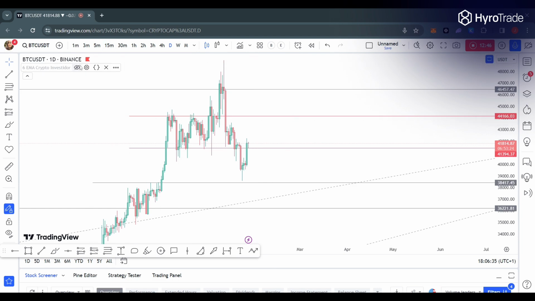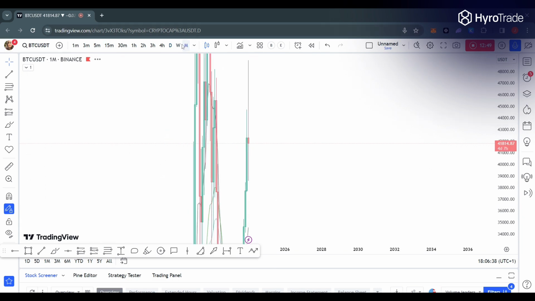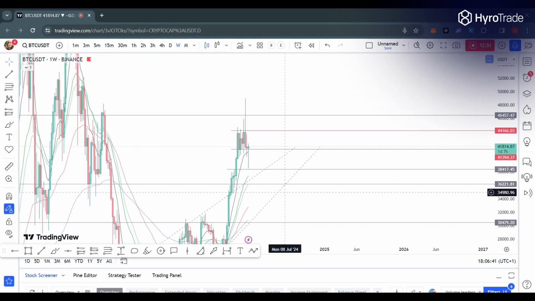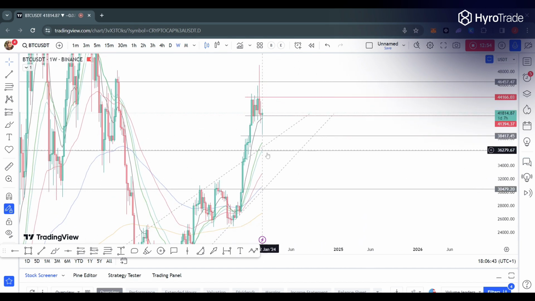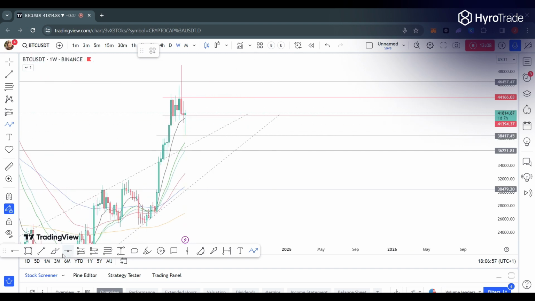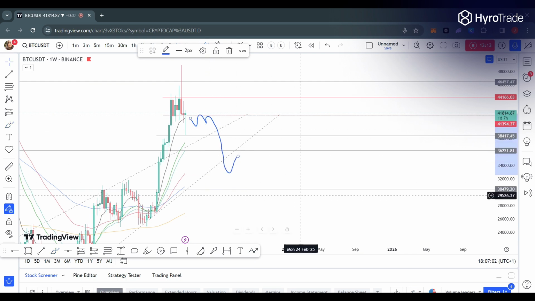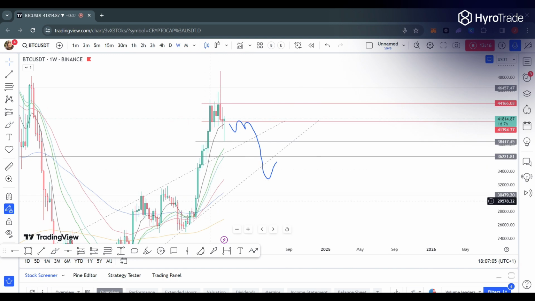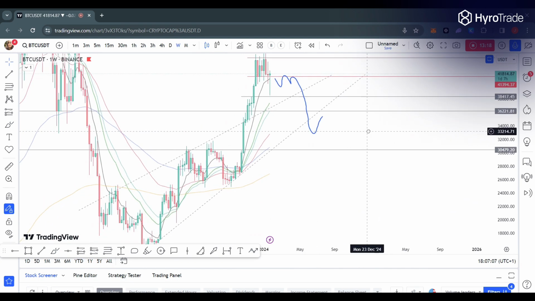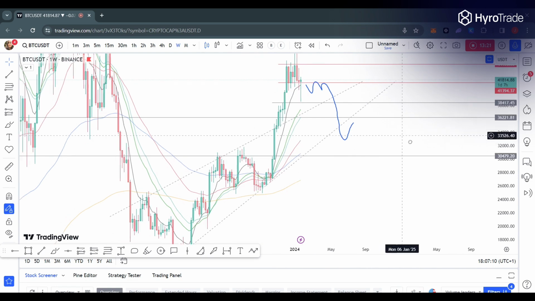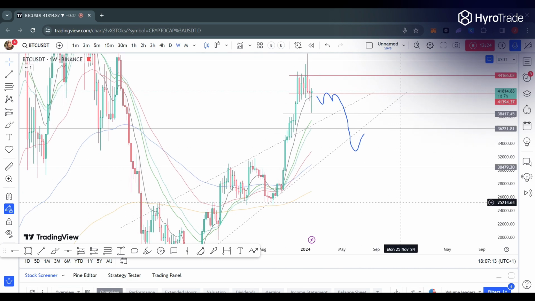Another possibility is, let's go back to weekly. If we see a bad weekly close, for example, if it goes back to 40,000 and closes below 40,000, in this case, high probability is that Bitcoin will just consolidate and will continue its downtrend towards these EMAs, 50 EMA or 100 EMA on the weekly charts, that can stand as a support.